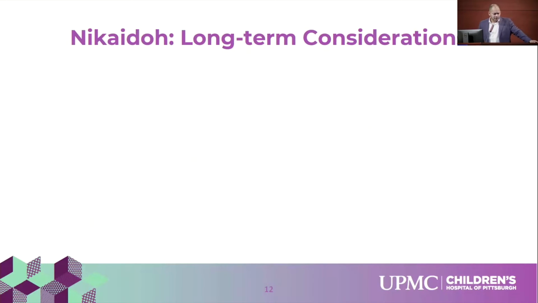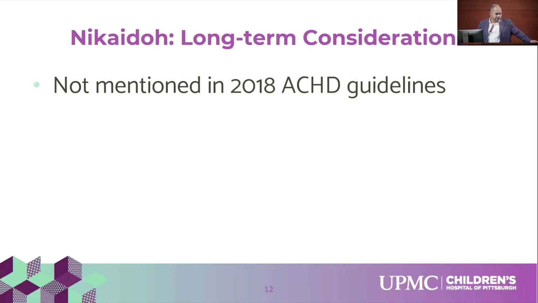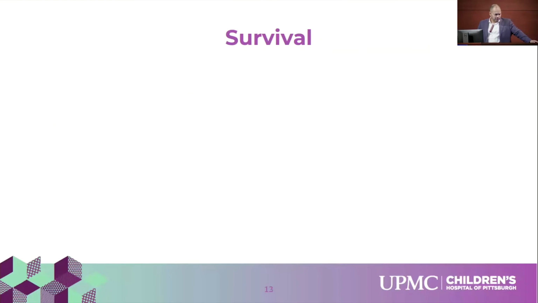So when we look at long-term considerations for Nikaido, this is interesting. It's not mentioned in the 2018 guidelines at all. If you search the entire 170-page document, it is not even mentioned. So this procedure doesn't exist as far as guidelines are concerned, and hence we need to individualize the approach, but we still think about survival and reoperation, and those are the two main things we think about.